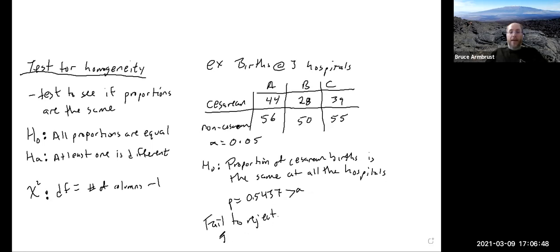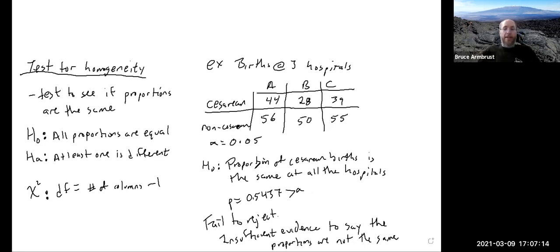So that means that we have insufficient evidence to say that the proportions are not the same. Right? So the null hypothesis is the proportions are the same, and we're failing to reject it. We're not going to say that they're not the same.